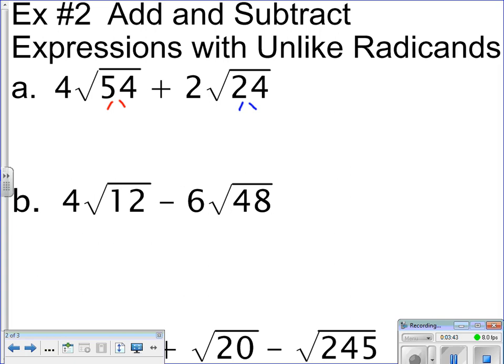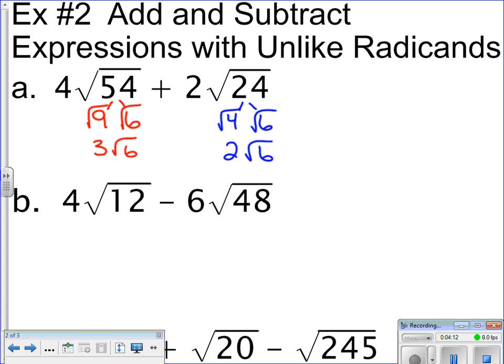So 54 is 9 times 6. The square root of 9 is 3, and the 6 stays under the radical. All right? And 24 is 4 times 6. 4 is square rooted into a 2, and then 6 stays.